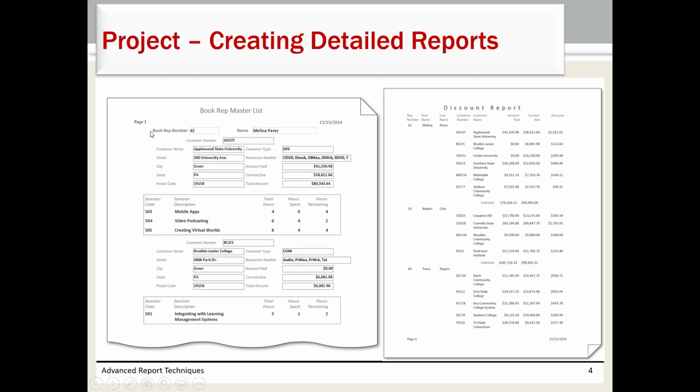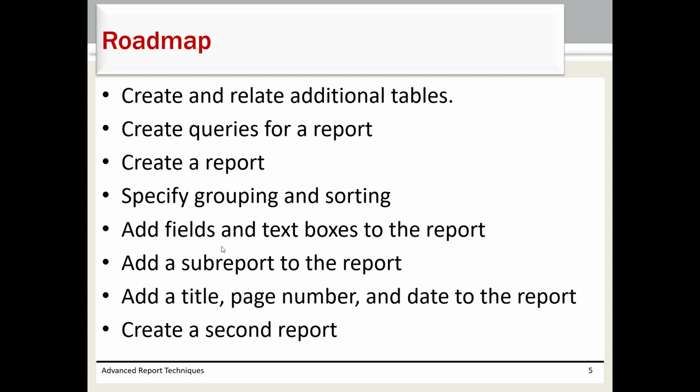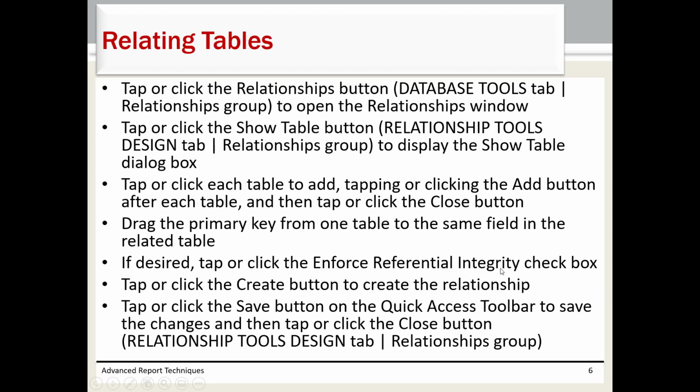So in this report, for each book representative, we have a list of customers with their detailed information, and we will also run some queries to get some detailed information about the seminars and etc. So in this project, first we are going to create and relate additional tables, and we are going to develop a query for the report, and then we're going to design the report in the design view and add some extra fields, controls like text boxes, and some report to the table.